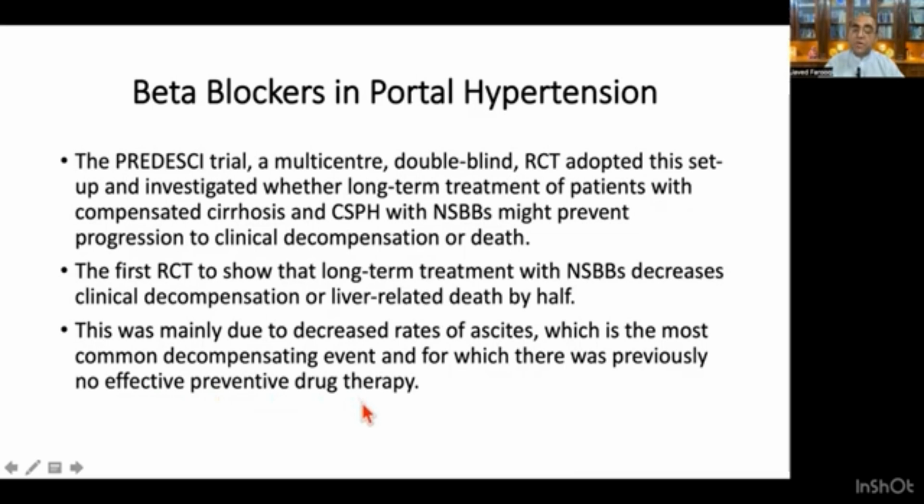We used to use beta blockers for primary and secondary prophylaxis of esophageal variceal bleeding, as well as for portal hypertensive gastropathy, but mostly for the primary and secondary prophylaxis of variceal bleeding. This study told us that it can be used as prophylaxis against the development of ascites as well.